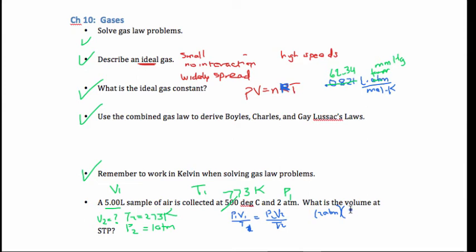V1 is 5 liters. T1 is 773, really hot. P2 is 1 atmosphere. V2 is what I'm looking for. And then T2 is 273.